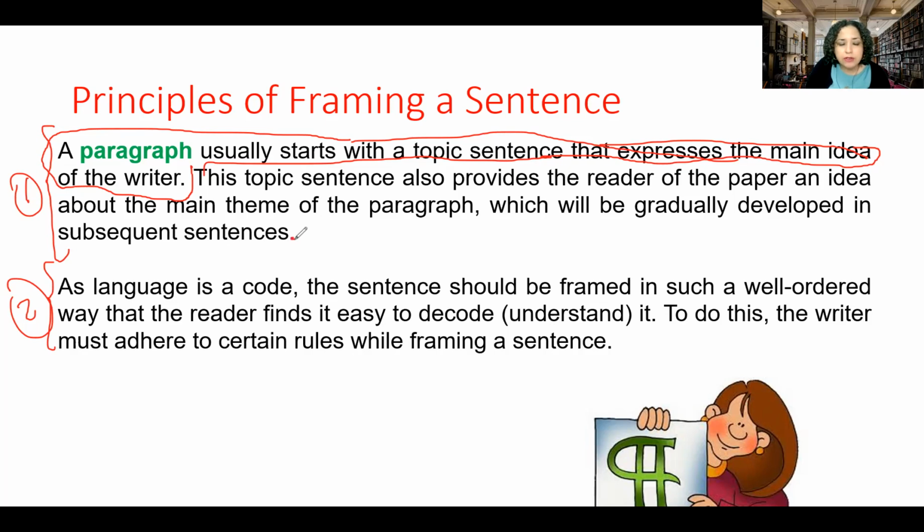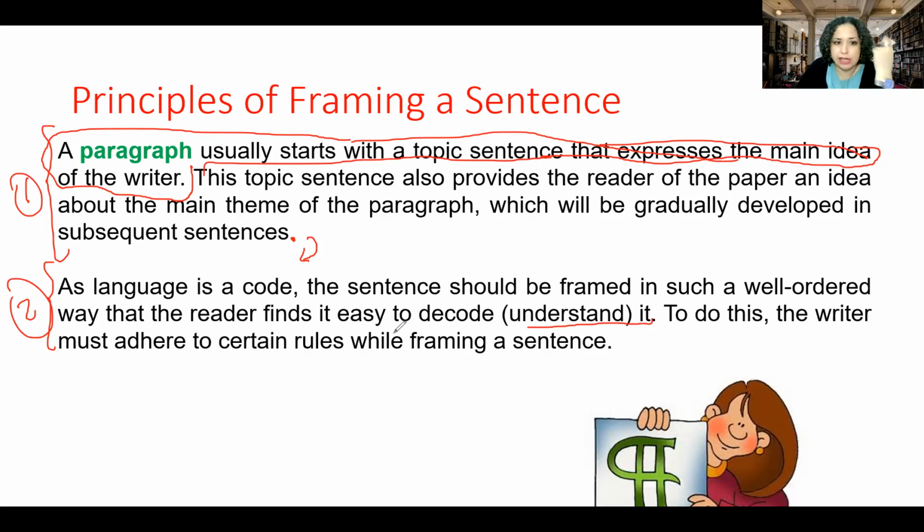And now we're ready to have a period apart, because we already completed what we wanted to say with a topic sentence. But we continue over here in the second paragraph. As language is a code, the sentence should be framed in such a well-ordered way that the reader finds it easy to decode.